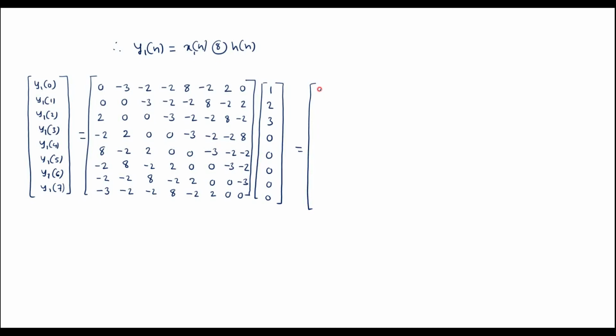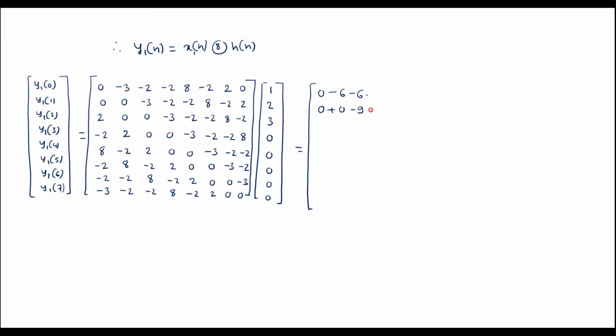We have 0, minus 3 into 2 is minus 6, minus 2 into 3 is minus 6. Rest all values are 0. Because these all values are 0, I will ignore those. So now multiply the second row with the column. I can write 0 into 1 is 0, 0 into 2 is 0, minus 3 into 3 is minus 9.